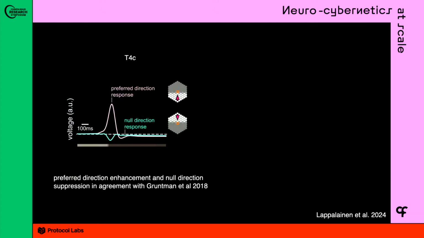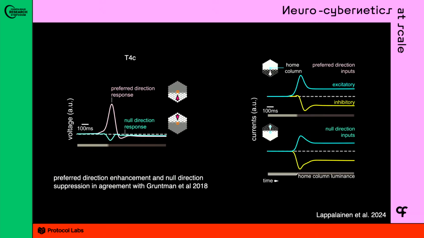Now, the actual prediction is really a time series. In response to a video clip, there's a time series of voltage in one of these neurons. So this is the voltage. It's the prediction of what the voltage is in response to stimulus in one direction versus the other. But in actuality, we also have underlying it the currents. We can say what are the excitatory and inhibitory currents. People have recorded voltage, but it's harder to directly record these currents.